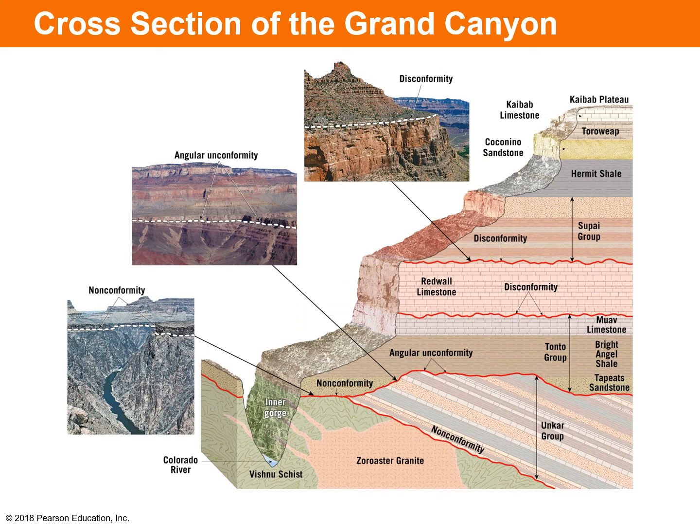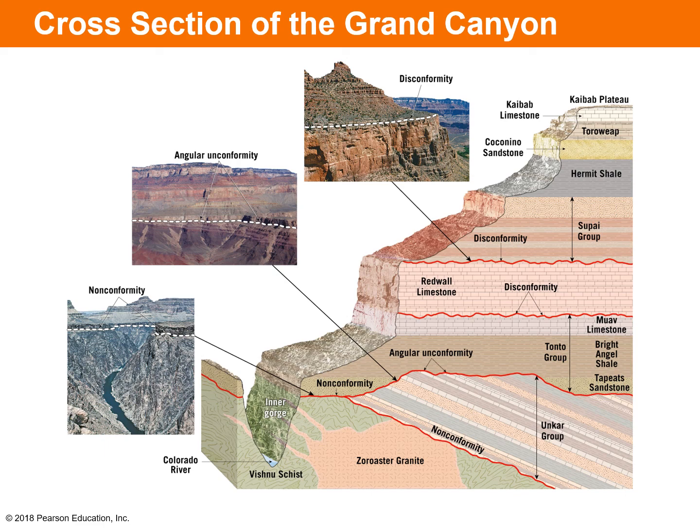So let's go back to the Grand Canyon so we can show examples of all three types of unconformities. So let's start at the bottom, or the oldest section of the Grand Canyon. And you can see a nonconformity here near the inner gorge of the Grand Canyon, where you have the Vishnu Schist Formation, which is a metamorphic rock, if you recall.